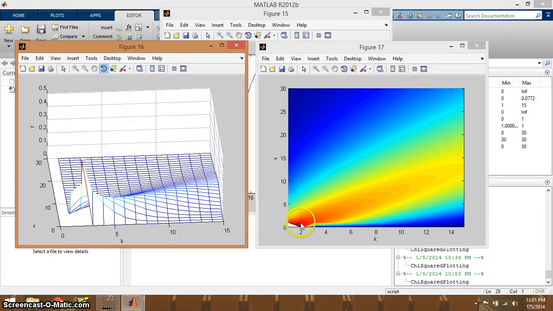The hottest spot's always along that line, which is the line where the mode is at different chi-squared values. On the graph on the right, the degrees of freedom is on the horizontal axis and the x values are on the vertical axis. And we can see the mode by looking at the contour plot, it's still at k minus 2. And that's all I did in my spare time today.